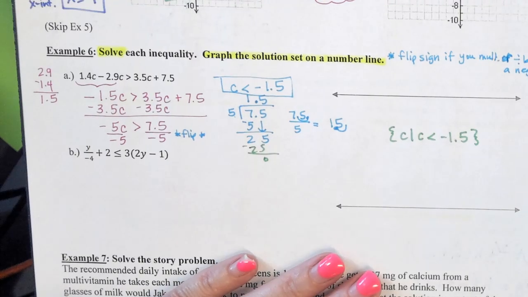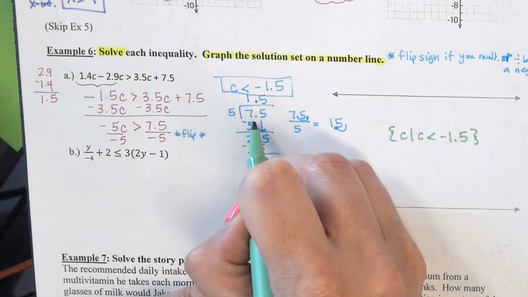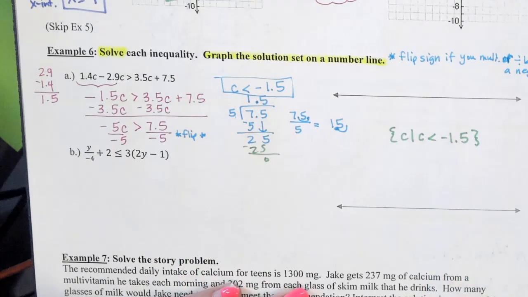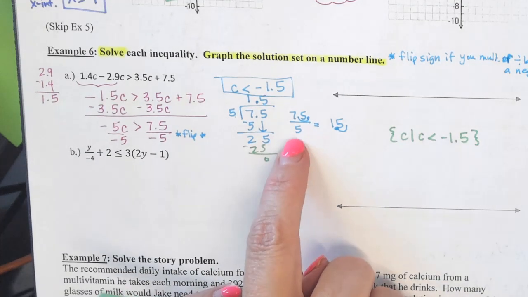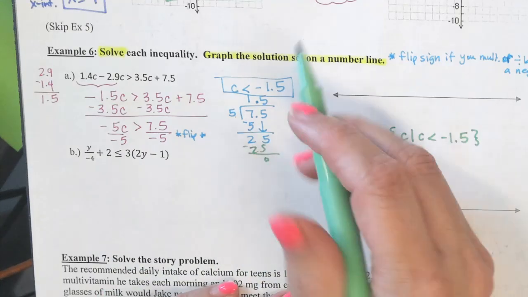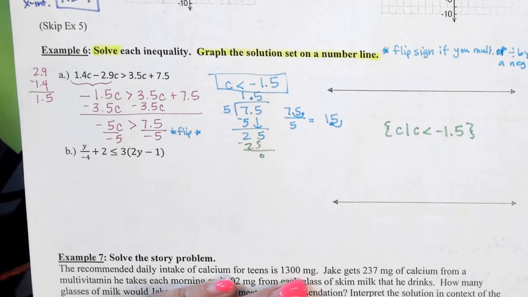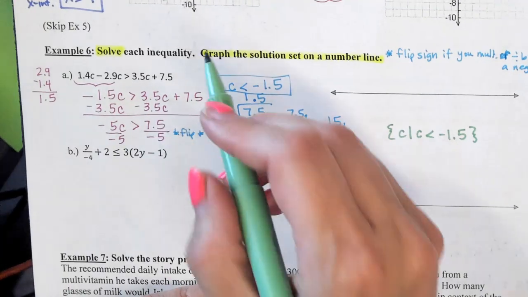Is that what you mean or something else? So 5 goes into 7.5, 1.5 times. You can just do 75 divided by 5, right? That's 15. If you move the decimal 1 to the right, you just have to move it back 1 to the left.